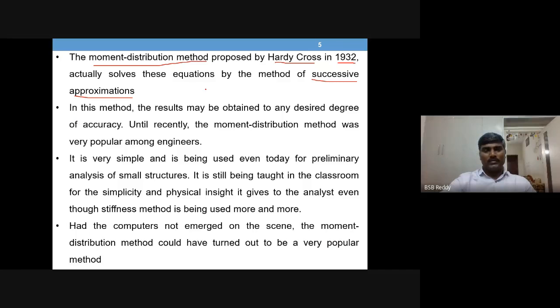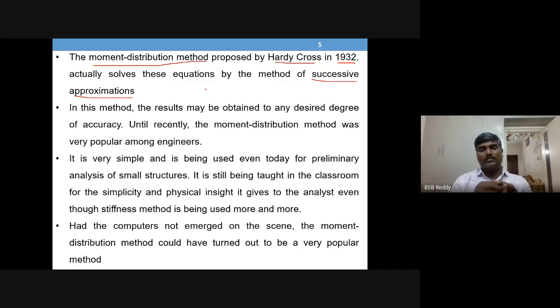Okay, so understood. The moment distribution method is nothing but solving the simultaneous equations that you get from the slope deflection method in a different way, by using the method of successive approximations.